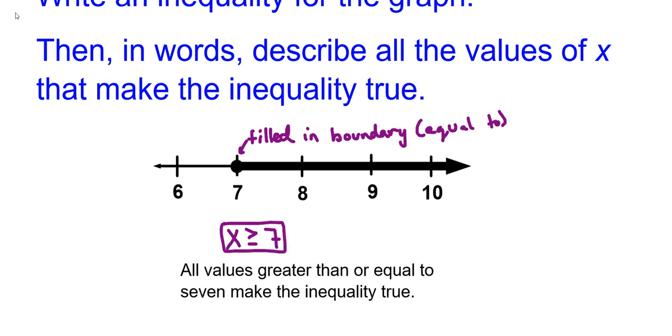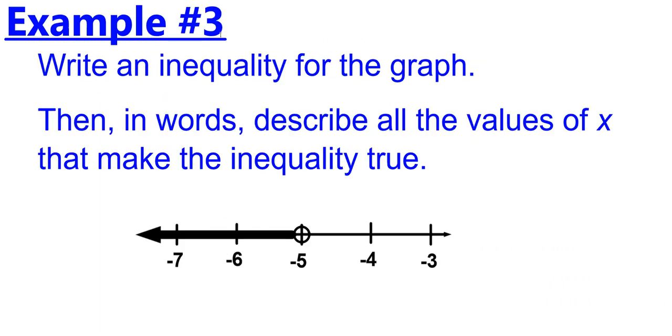Example number 3, same stuff, but a different graph here. This one does not have a filled in boundary point, so this is not going to be equal to. This is an open point, so we will not have an equal to. So either less than or greater than, no equal to because it's not filled in.